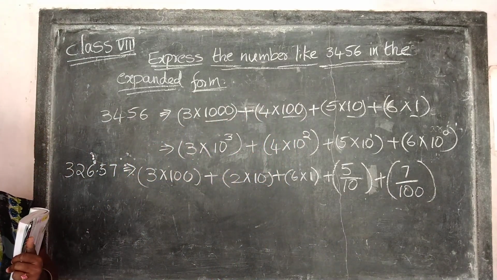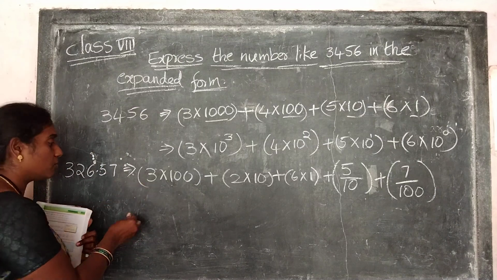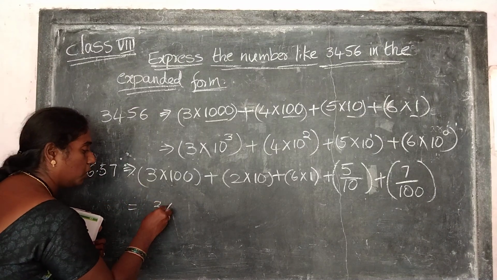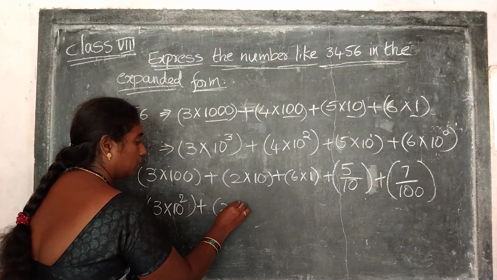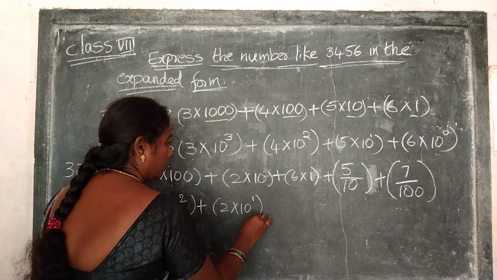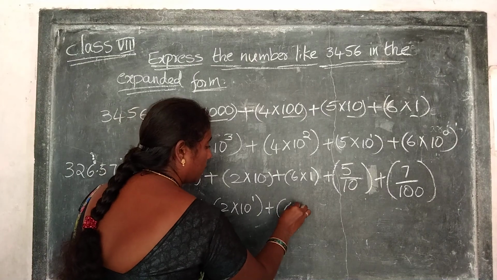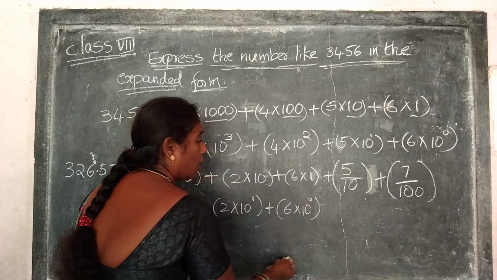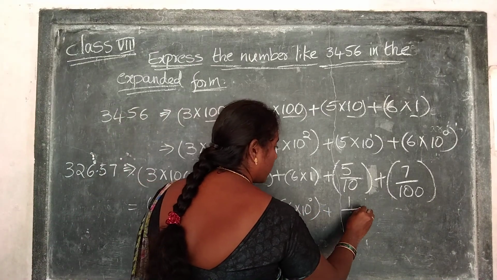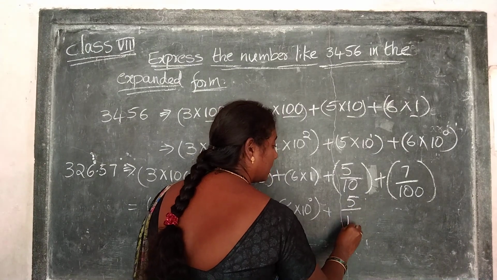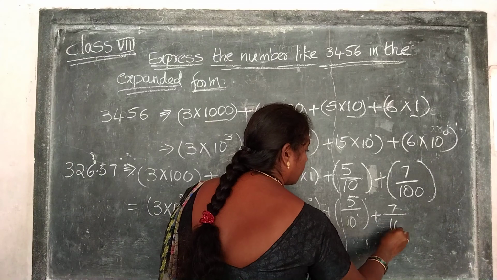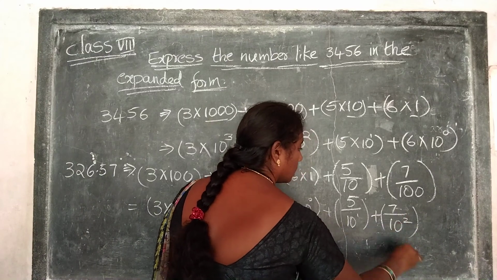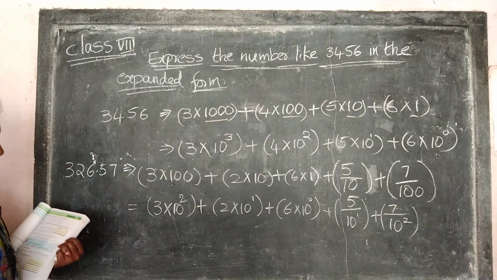Now convert this expanded form into exponent form: 3 into 100 means 10 power 2, plus 2 into 10 power 1, plus 6 into 10 power 0. Now it becomes plus 5 by 10 power 1 plus 7 by 10 power 2. This is the way.